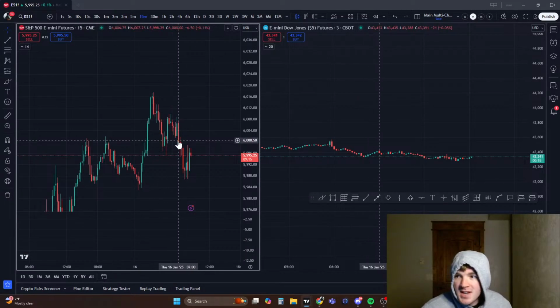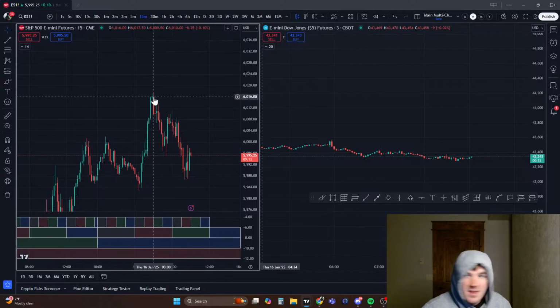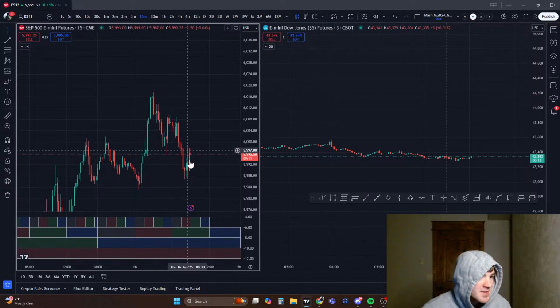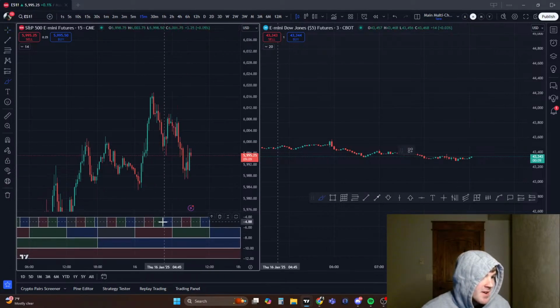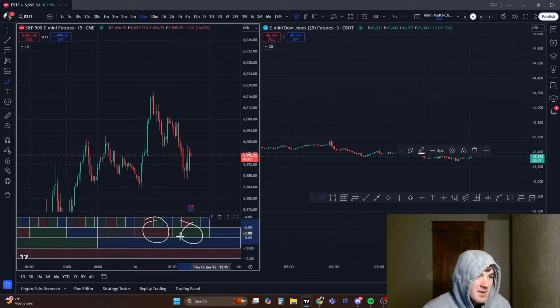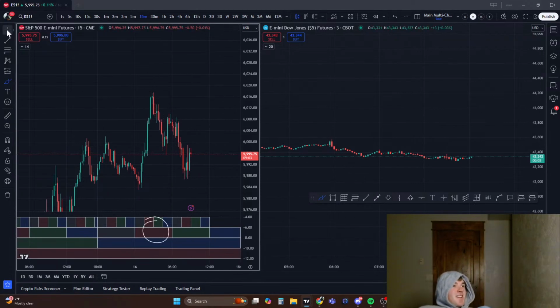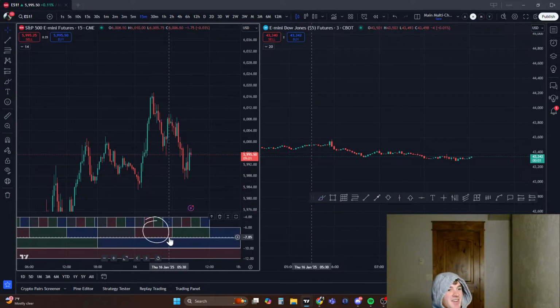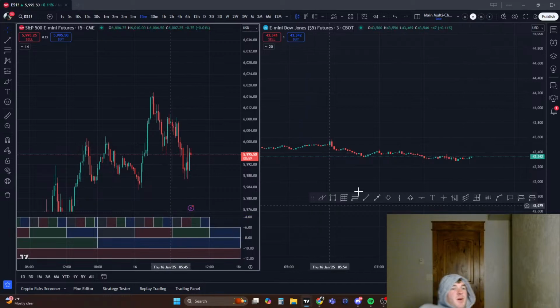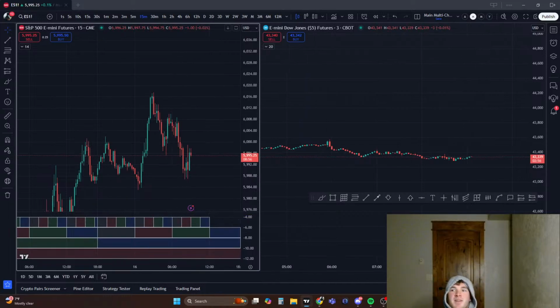It was with this high and this high, and you can see how it was the red one and the green one. So yeah, that makes it sequential. It increases the probability by just like 1%. I don't know why, but I've just noticed it. So let's go back over to the other chart now.